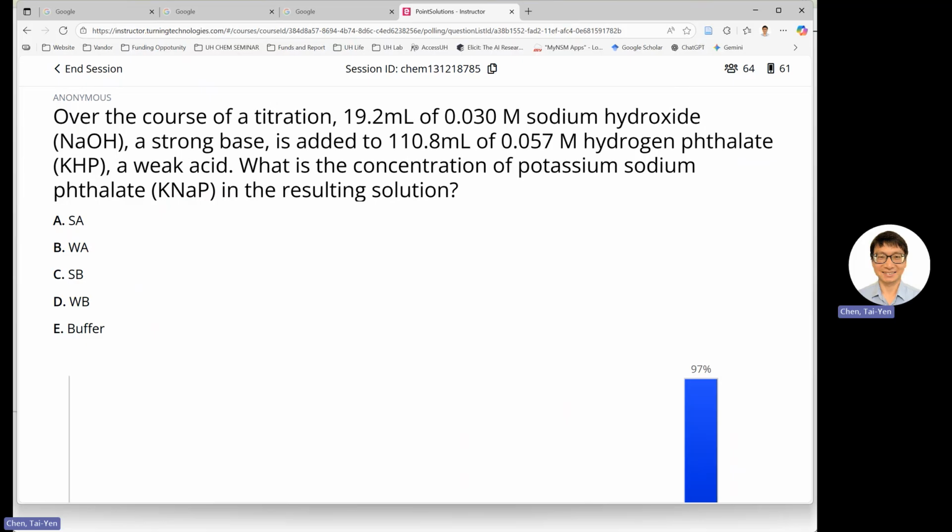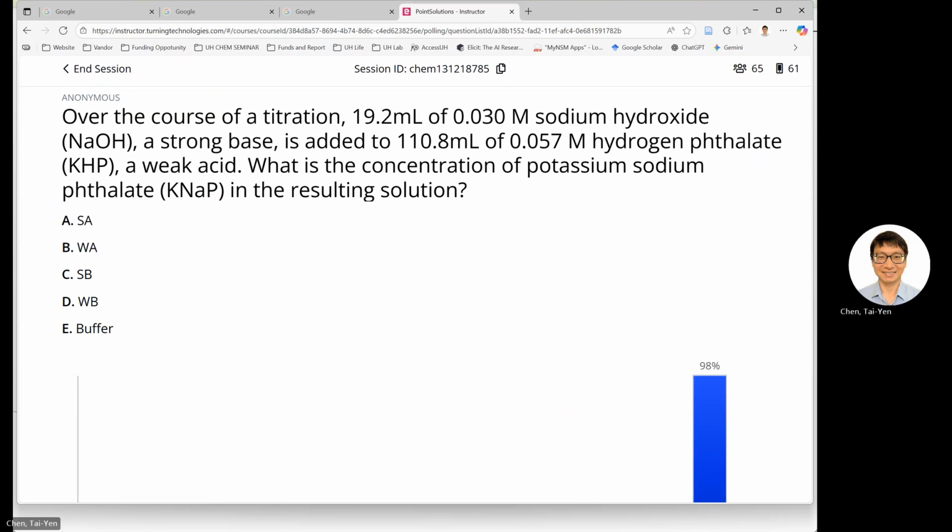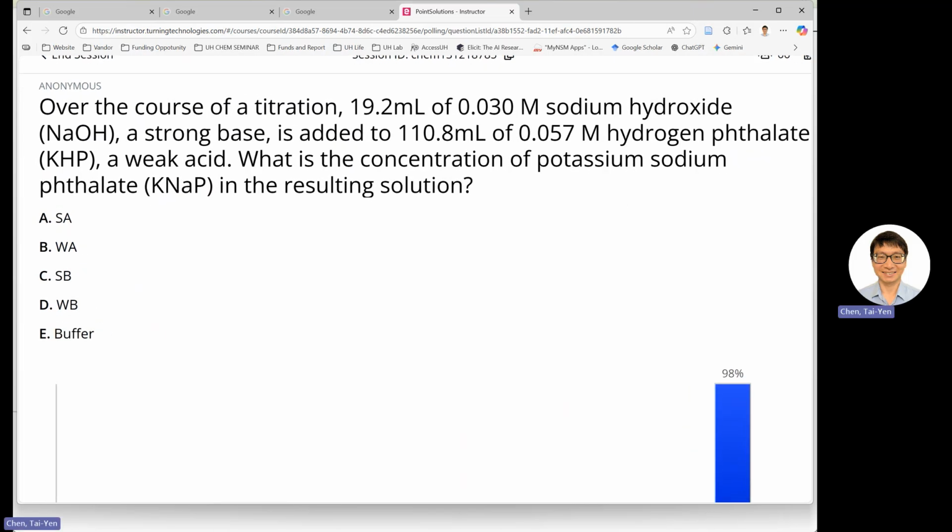After that, I need to decide which zone I'm at. To know the zone, you first calculate your equivalence point. The way you do it is: concentration of your titrant times its volume at the equivalence point should equal the concentration of your analyte times the volume of your analyte. The analyte is your KHP.